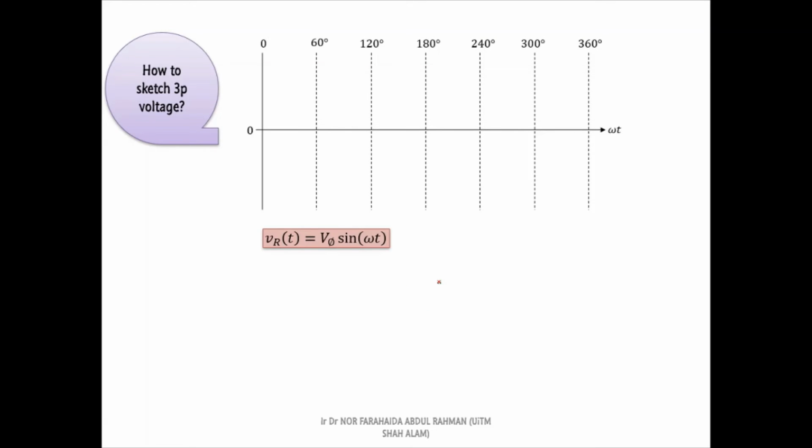We will start with the red voltage. Since the phase angle of the red voltage is equal to 0, therefore, the starting time of this voltage is also at 0 point. Next, we will sketch the yellow voltage.